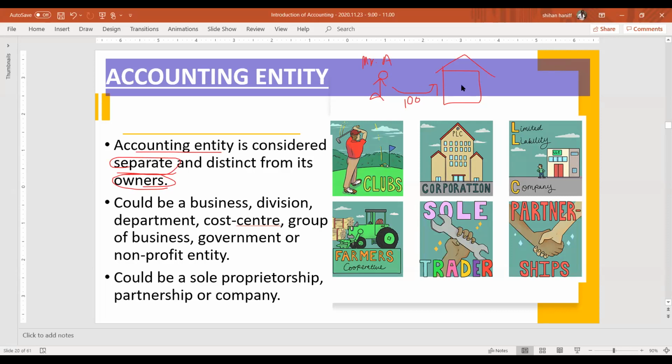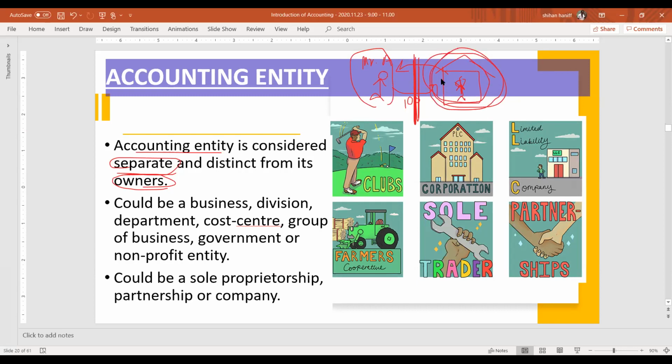So in accounting, even though the fancy shop is run by the same person, from an accounting point of view, he is treated separate. So the fancy shop is different, the owner is different. If the owner gives money to the fancy shop, it has to repay that money. Then this becomes an accounting entity.